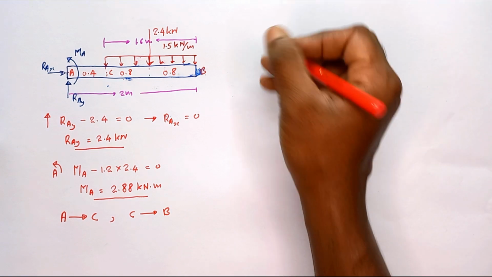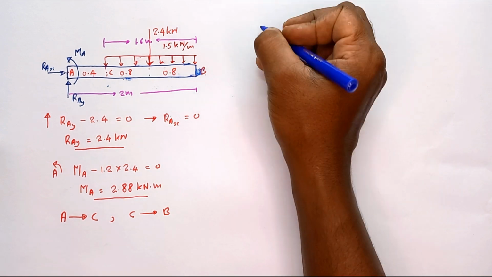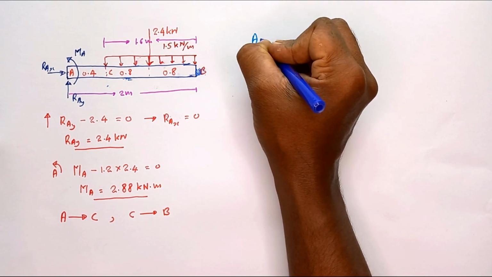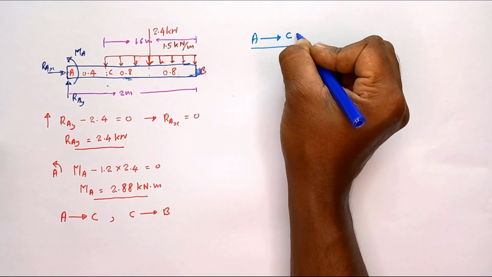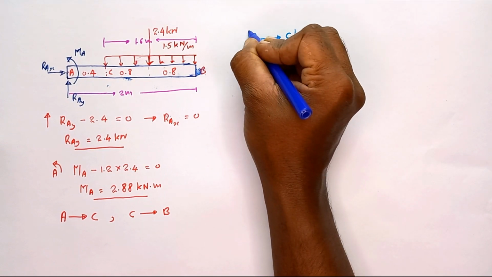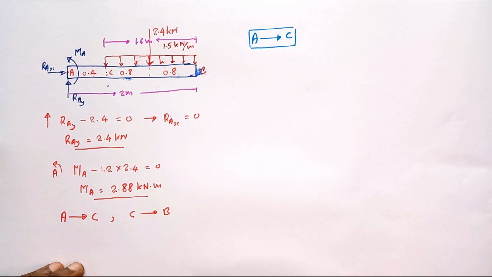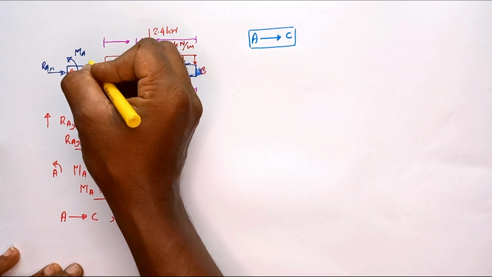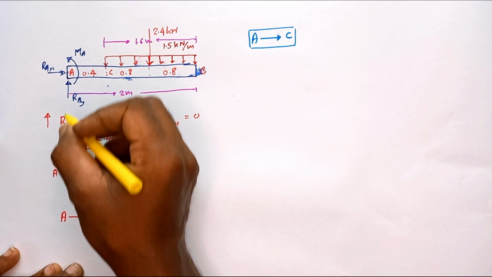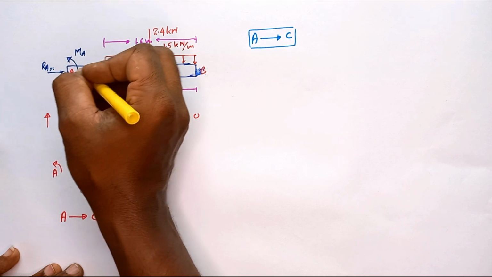First, I am going to consider the A to C region. To analyze it, you have to introduce an imaginary cut between A and C at a distance x from the left-hand side.